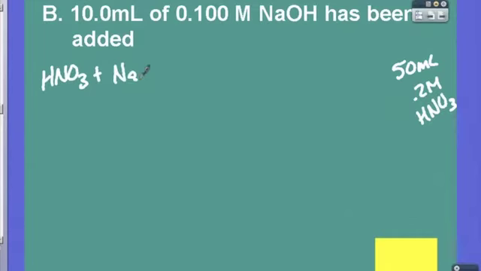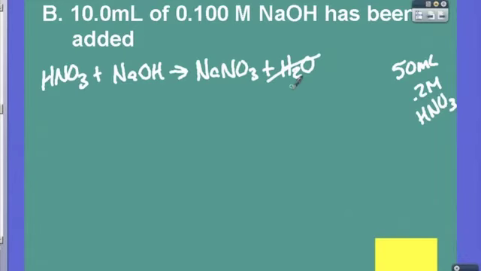So nitric acid is going to react with sodium hydroxide to produce sodium nitrate and water. You're going to ignore water. And remember that sodium nitrate is neutral because it's going to be made of a strong acid and a strong base.